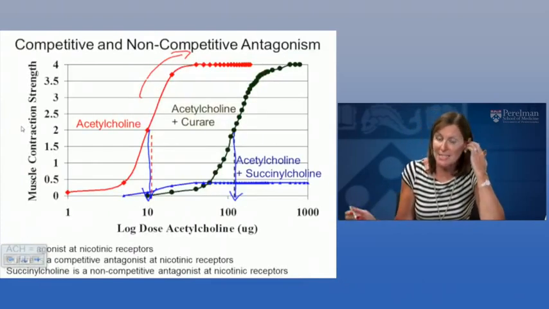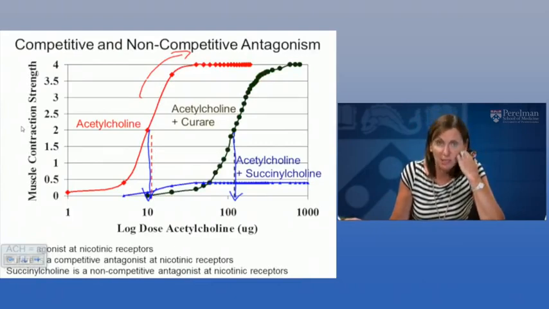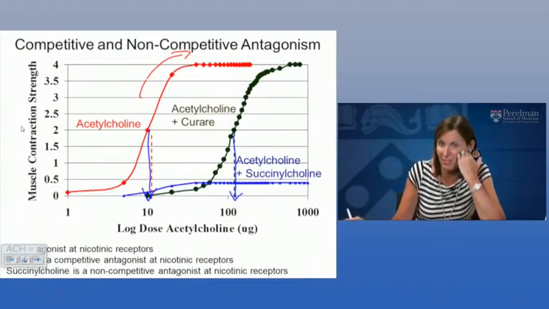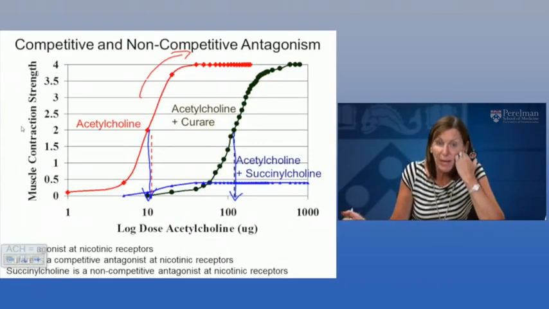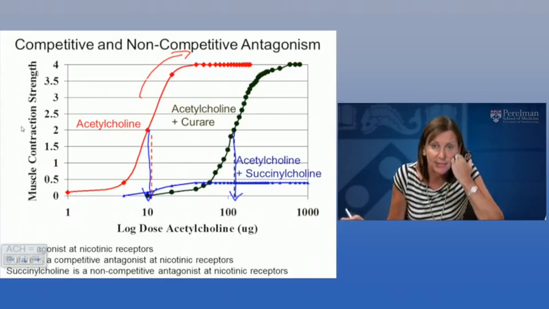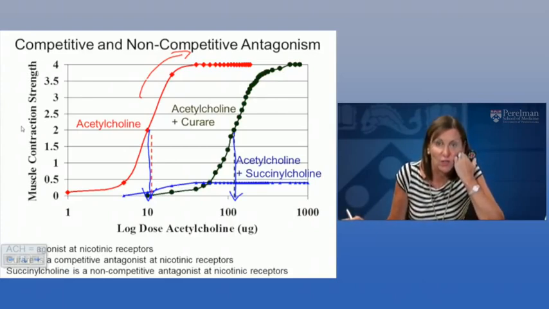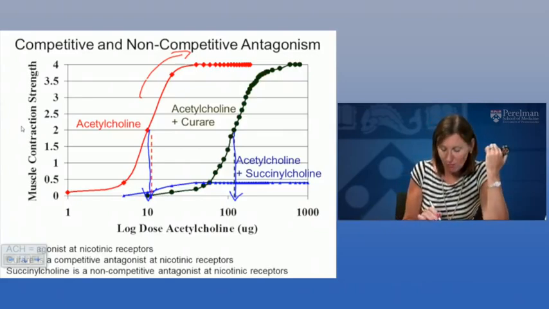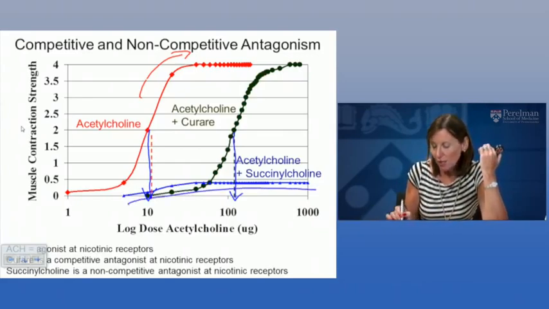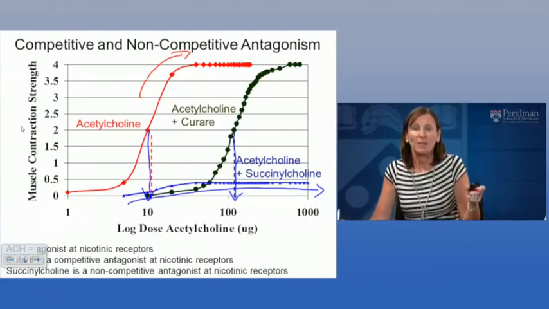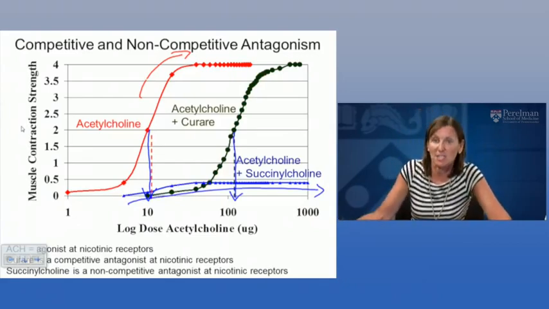If you look at succinylcholine, succinylcholine is a non-competitive antagonist. It will bind to the nicotinic receptors on smooth muscle cells and skeletal muscle cells and will prevent binding of acetylcholine. So in this situation, you see a very marked diminution of muscle contraction in the setting of succinylcholine.